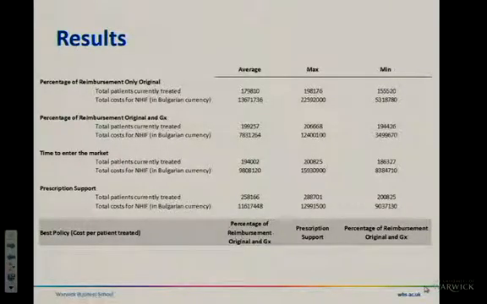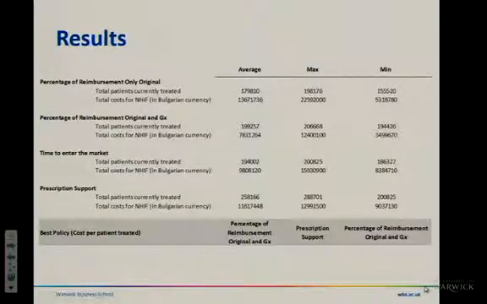On average, the best policy is the percentage of reimbursement of original drugs. You reimburse both drugs, so also encouraging people to take the original drugs, where you can have up to 200,000 patients being treated with original drugs.